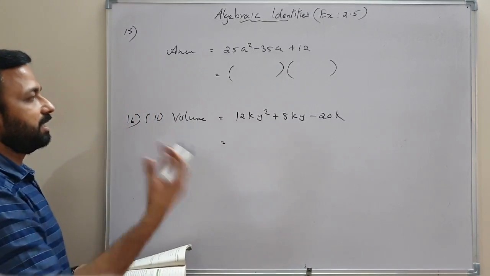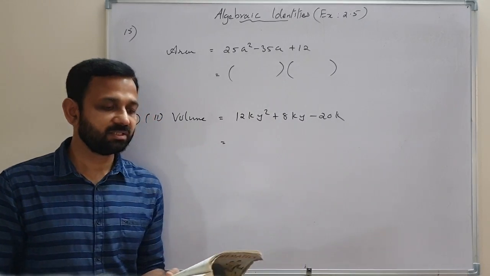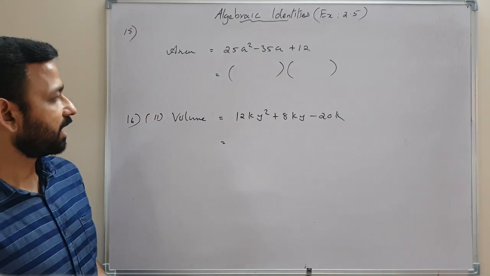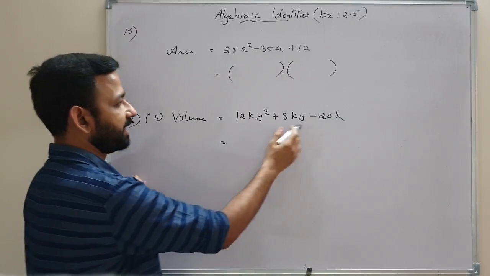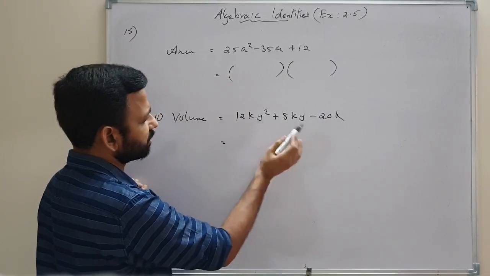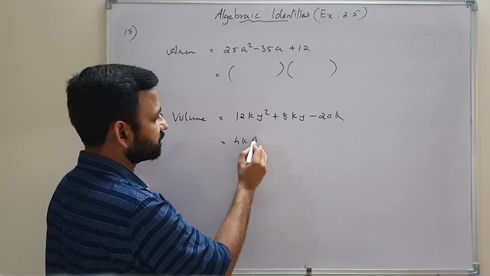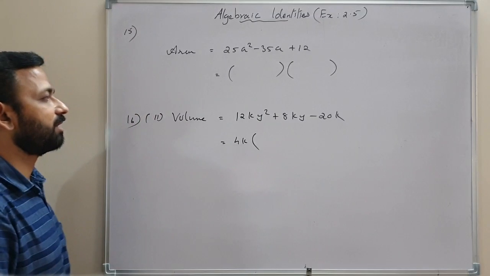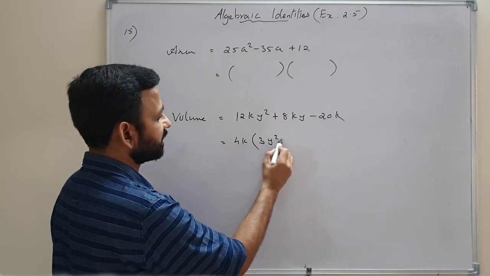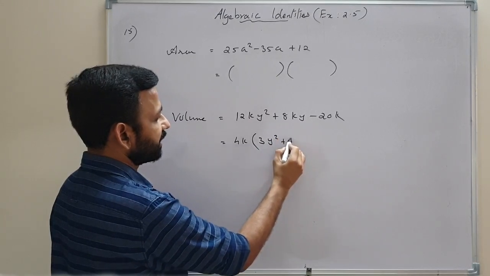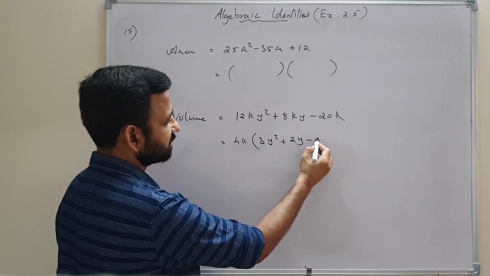Here also we can factorize by splitting the middle term. We will take the common term outside first. We can take 4k outside. When we take 4k outside, we get 3y squared minus 2y minus 5.